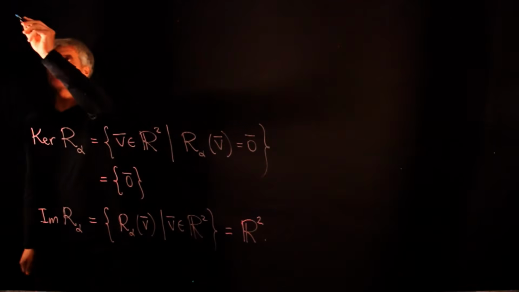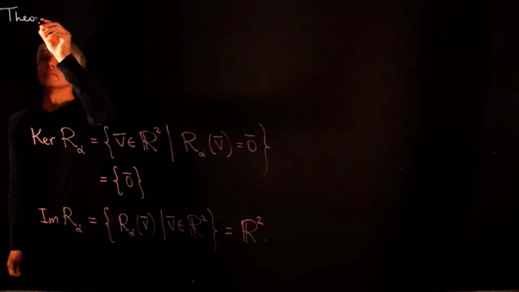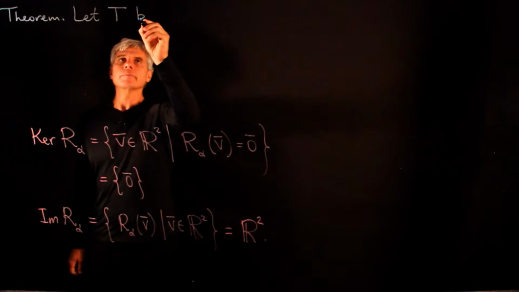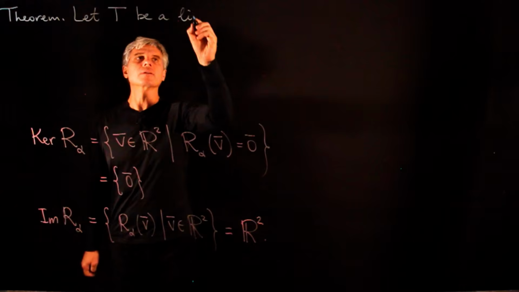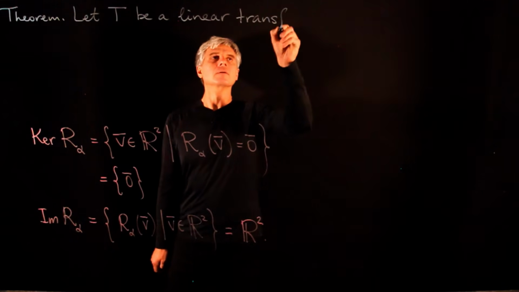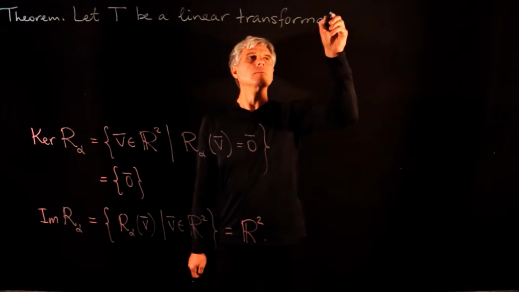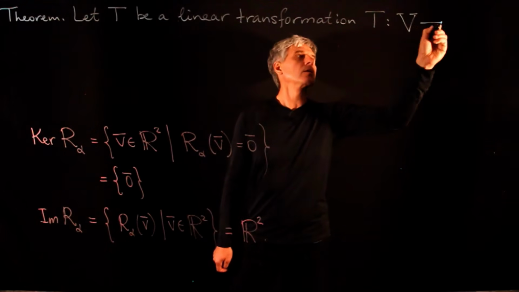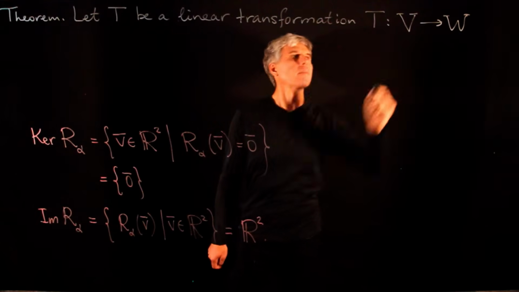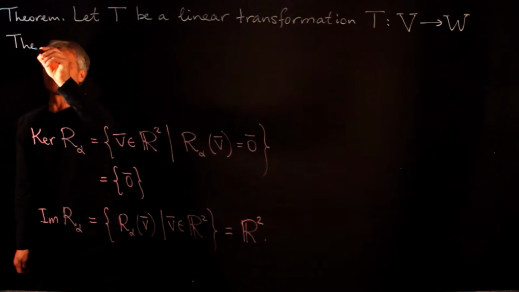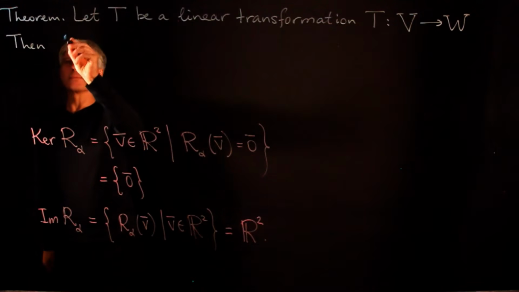So let us state the following theorem. Let T be a linear transformation from the space V to the space W. So then, two things.